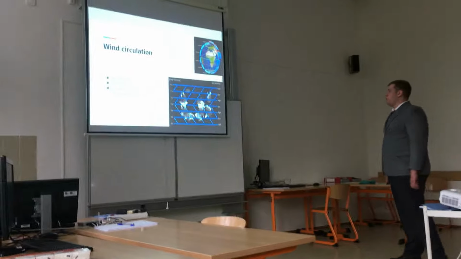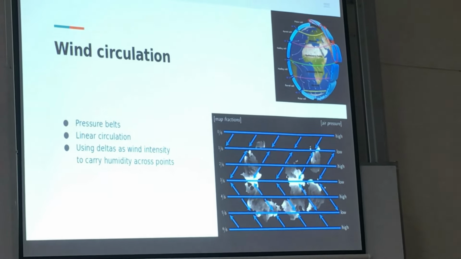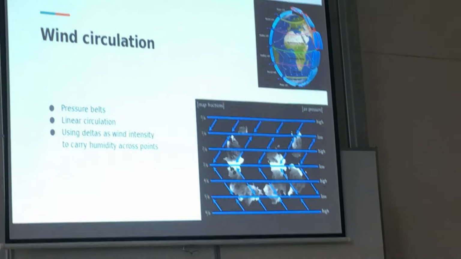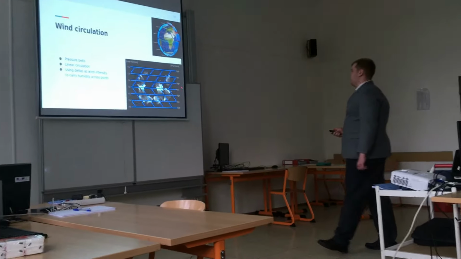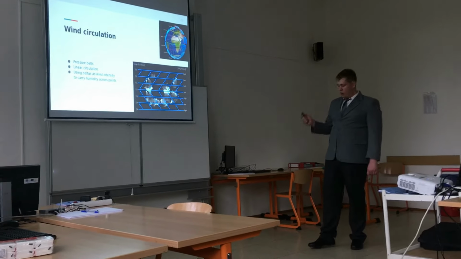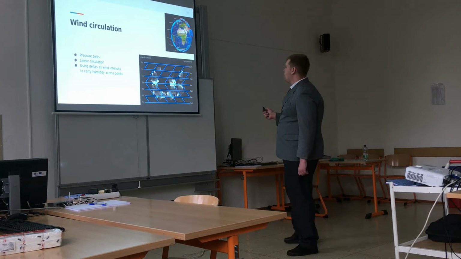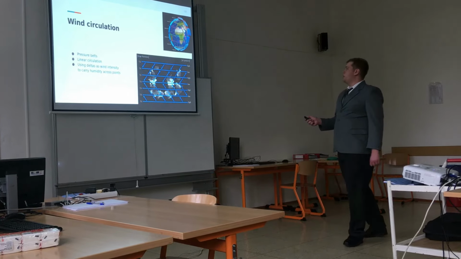The next problem was wind circulation. According to Thomas Wurst's thesis, there are 6 pressure belts, which go from high, low, etc. And wind circulates, as you can see here.